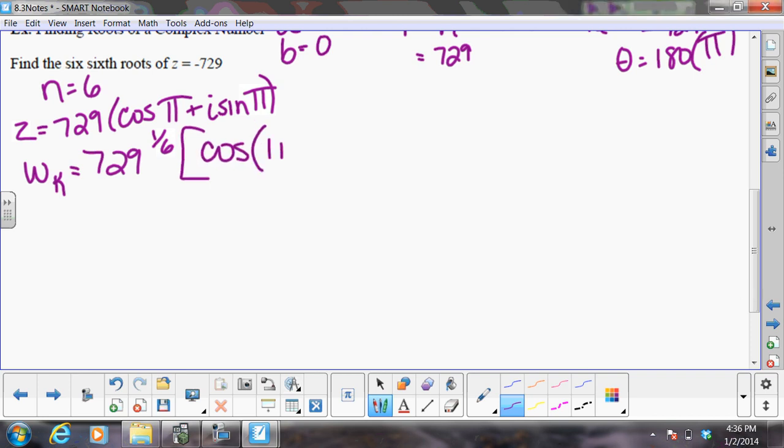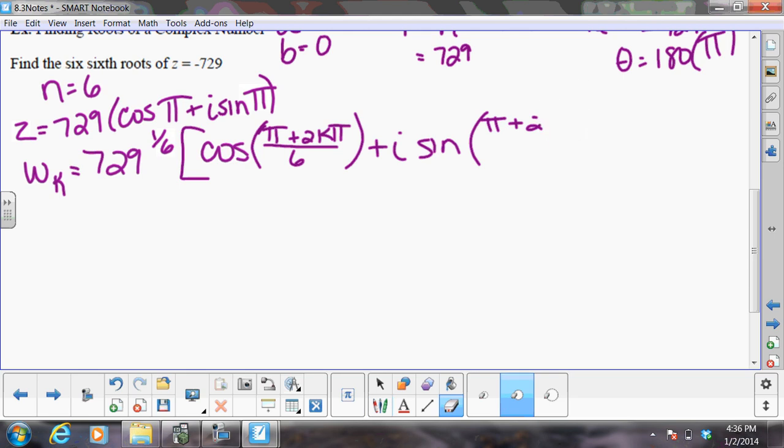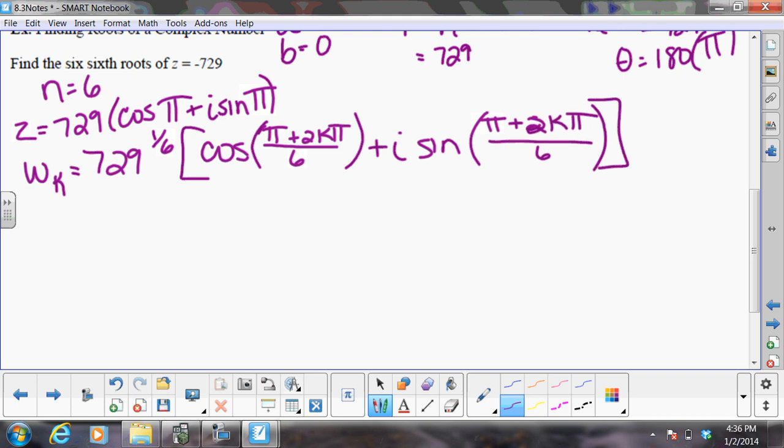Cosine of, oh, there's a fraction here: cosine of pi plus 2k pi all over 6 on top, plus i sine of pi plus 2k pi all over 6. Now we are going to replace k with the numbers 0 to 5 and then evaluate.